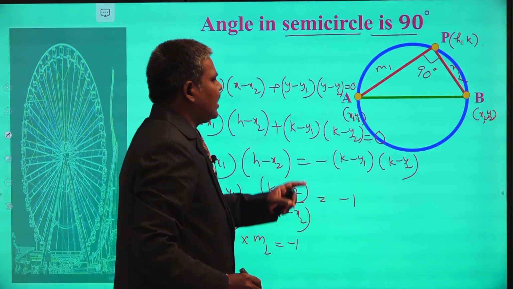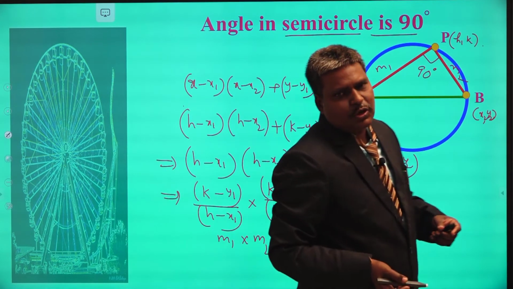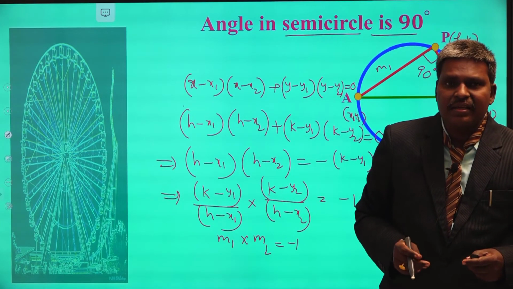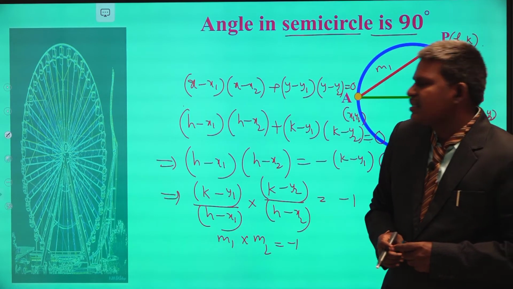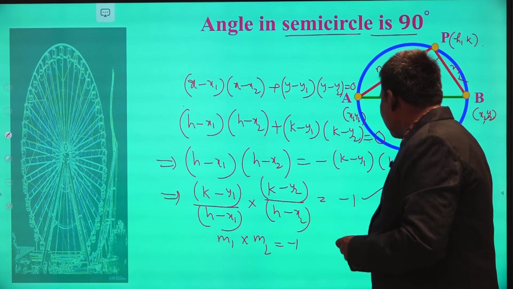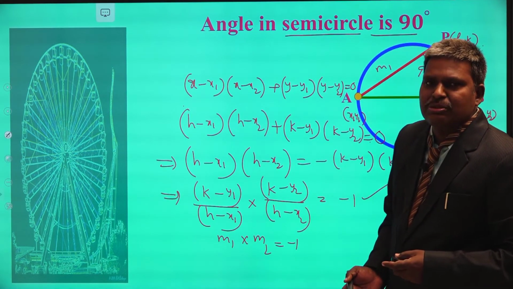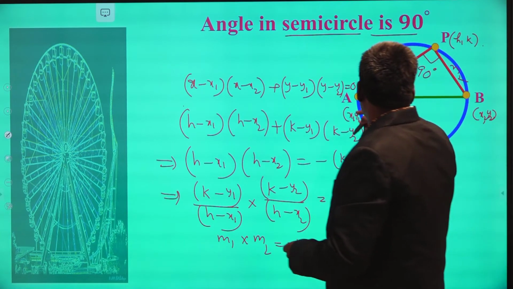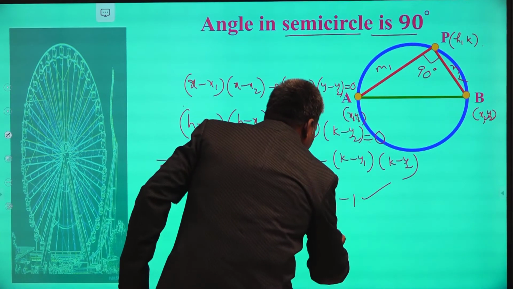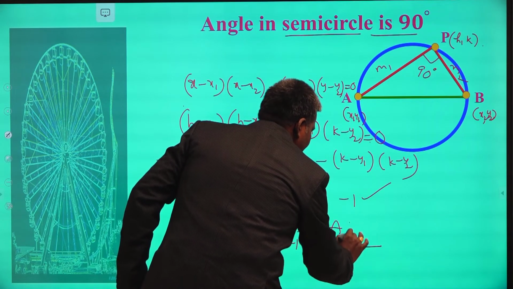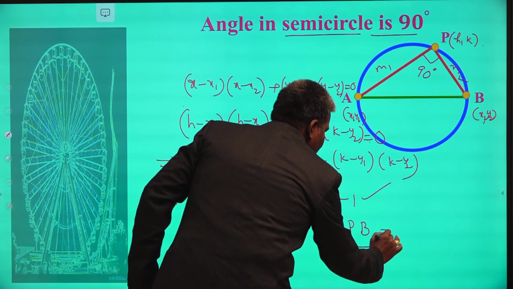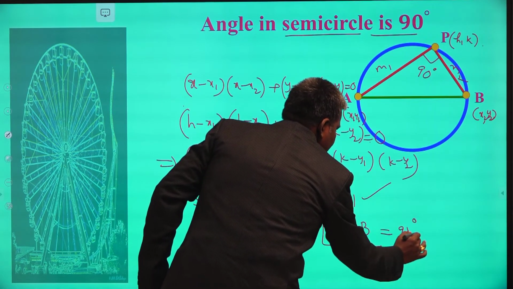For two non-vertical lines, if the product of slopes is -1, what do you say? The angle between the lines is 90 degrees. So we obtain the condition M1 M2 = -1, and we conclude that angle APB is equal to 90 degrees.